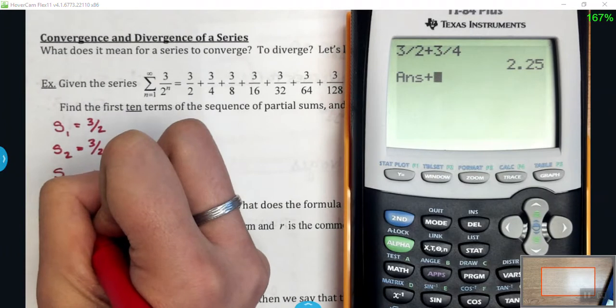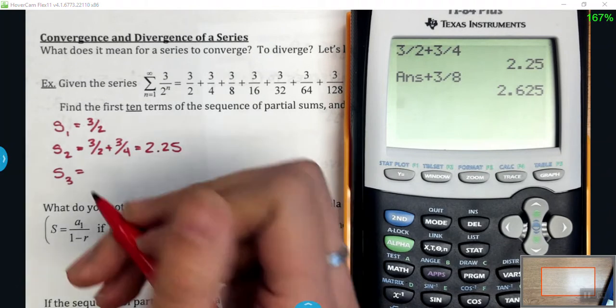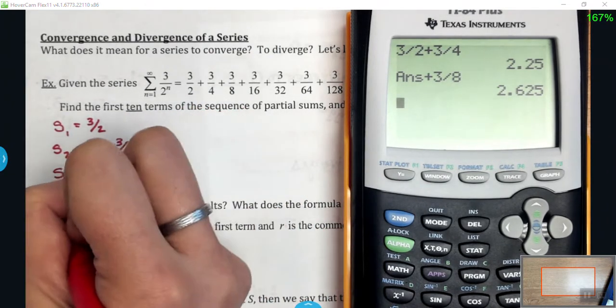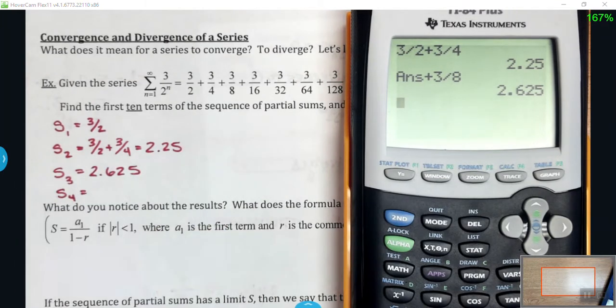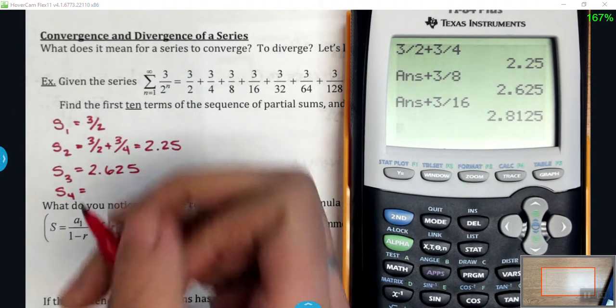Up to 3 terms is that plus 3/8, which is 2.625. Up to 4 terms is 2.8125.